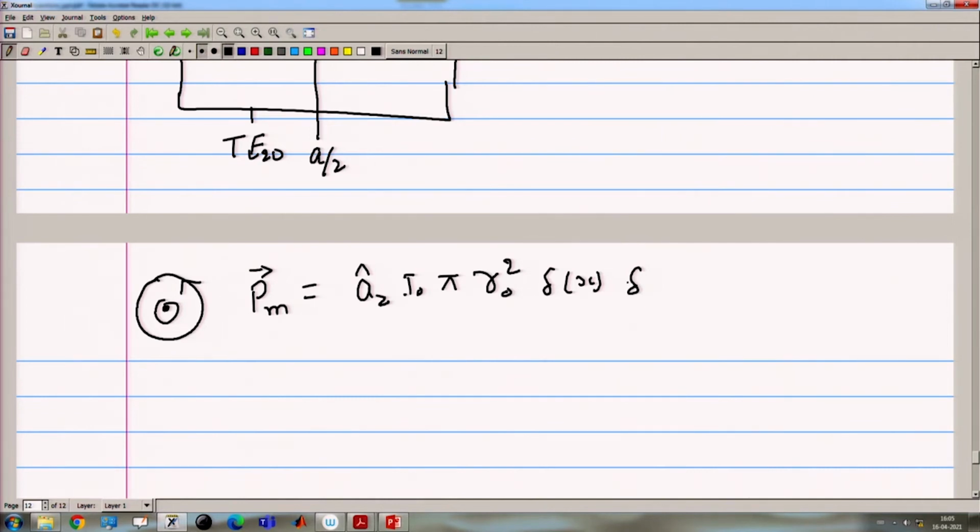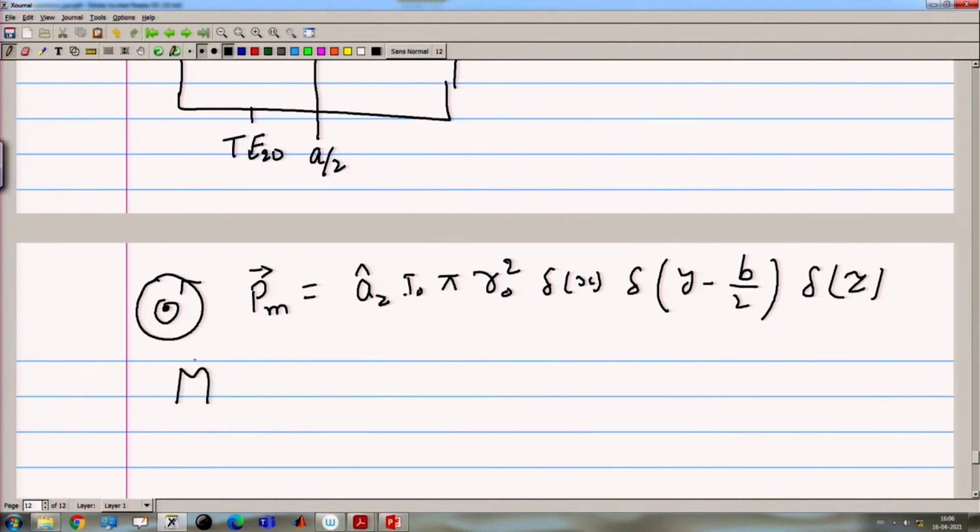So, that means y equal to b by 2, minus the center of this radius circle, minus b by 2 into del of z. Like this, Pm, that magnetic polarization current, can be written.